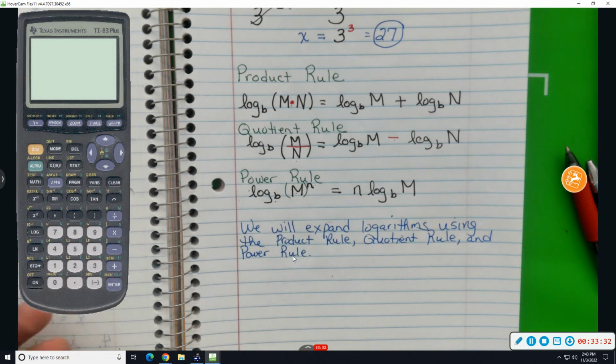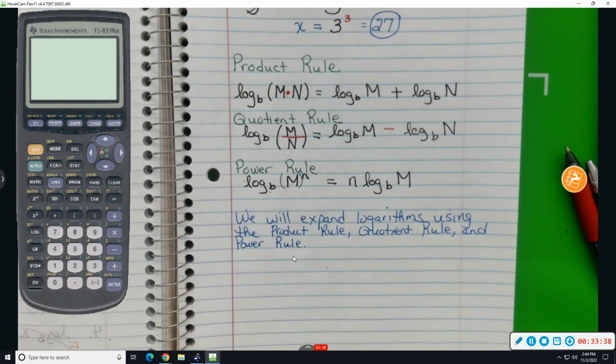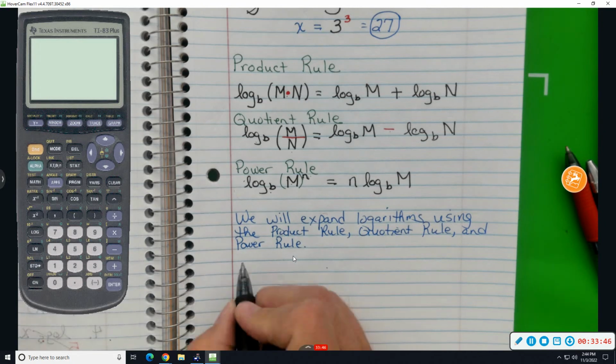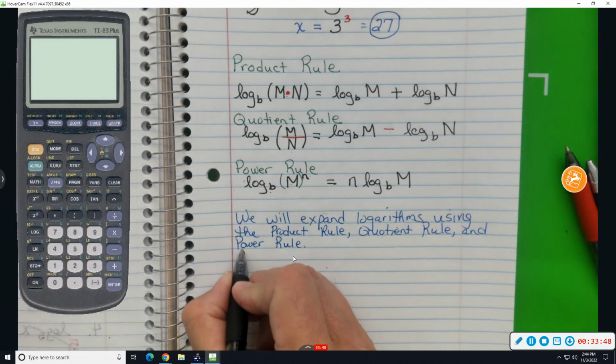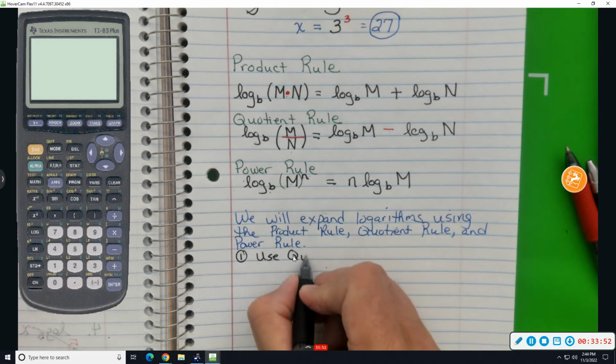Okay, and I'm going to show some steps. I'm going to take a logarithm and expand it, and I'm going to go through some steps in this order. The first thing I'll do is use the quotient rule.